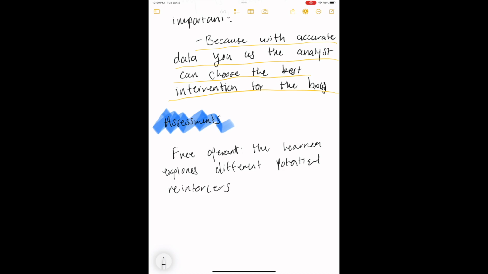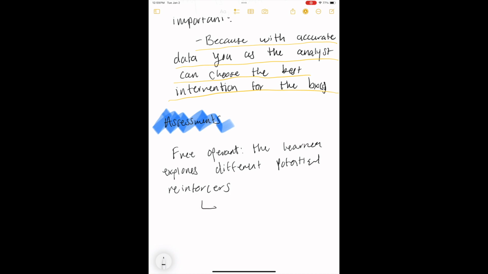So they might be in an activity room where there's toys and things like that they might like, and what you're doing is observing them, and you're also collecting data on duration for how long they're engaging with the toy.